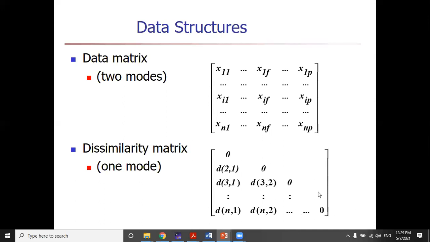Here d of i comma j, for example i is 2 and j is 1, or i is 3 and j is 1, is the measured difference or dissimilarity between objects i and j. This d i j is a non-negative number, and it is close to zero when objects i and j are highly similar, near to each other.